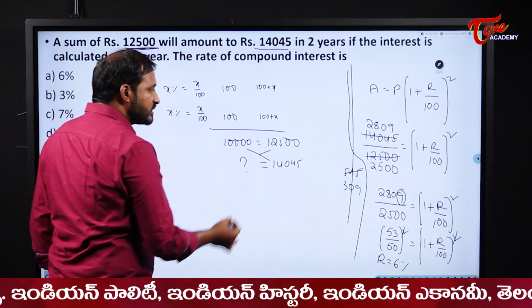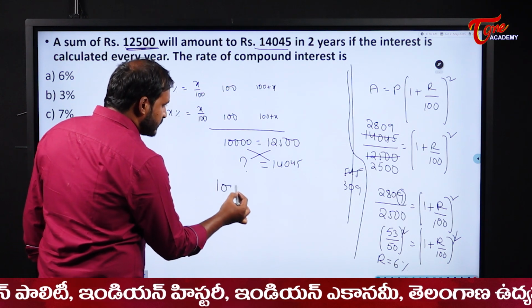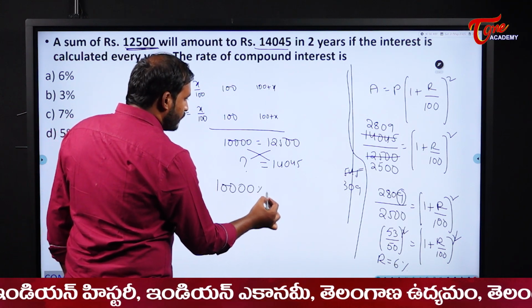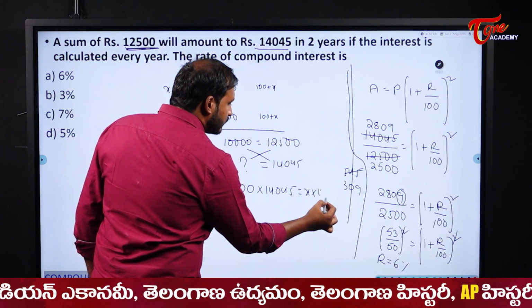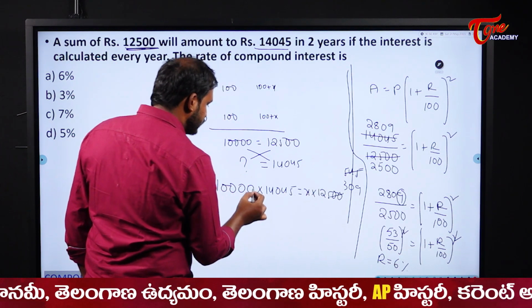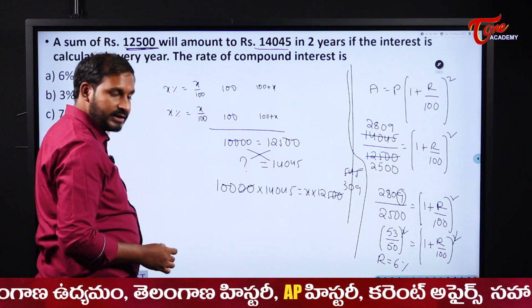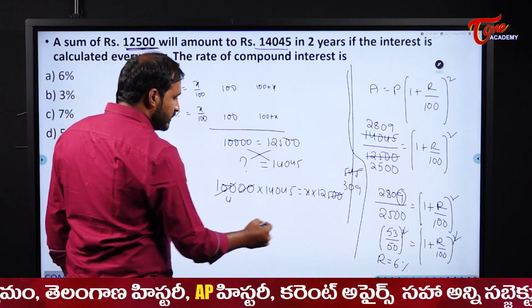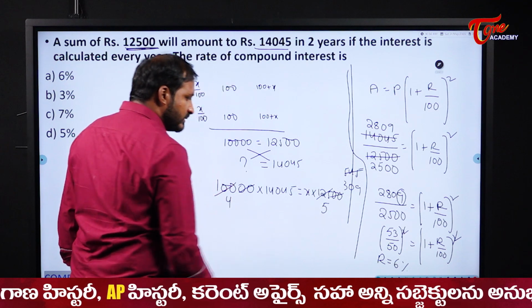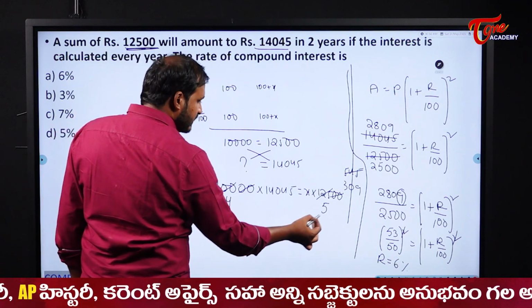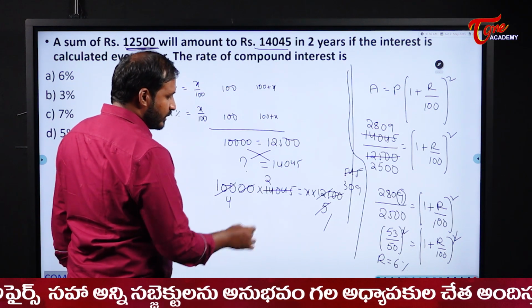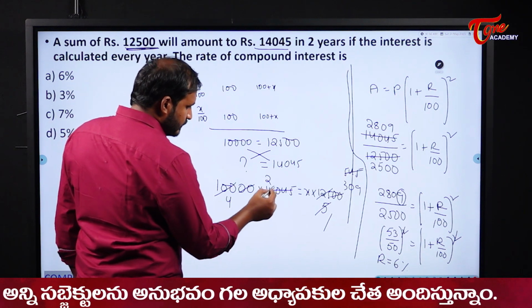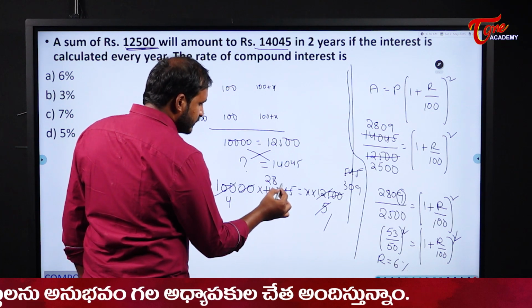Cross multiply this: what do you get? 10,000 into 1405 is equal to x into 12,500. Two zeros get cancelled, right? Next 25 fours are, 25 fives are. Am I correct? Next 5 ones are, 5 twos, 5 twos are 10, 8s are, 0s are 9.